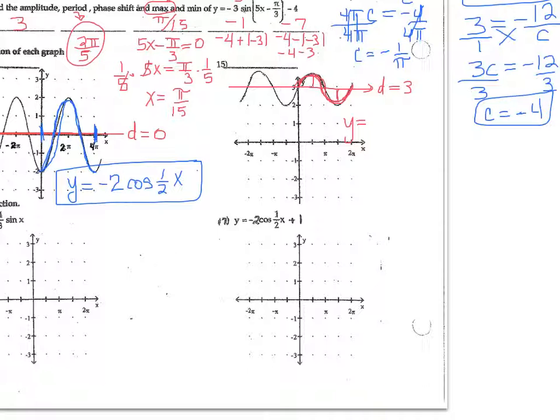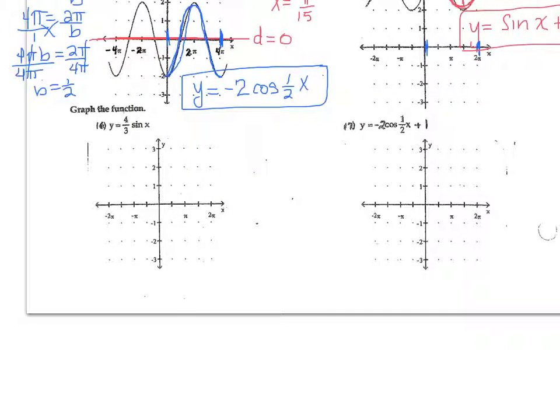Now it takes from 0 to 2 pi, so b is just 1 because it's 2 pi. So sine of x and then plus 3. And that's the equation for number 15.